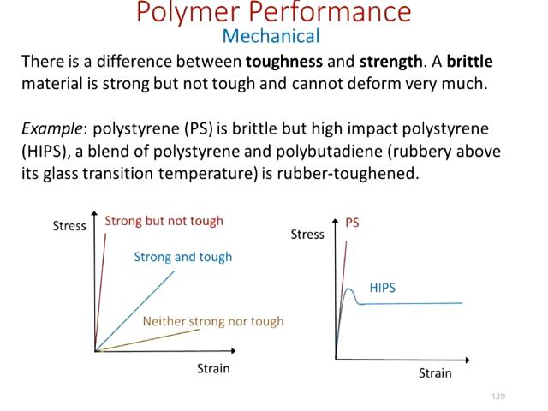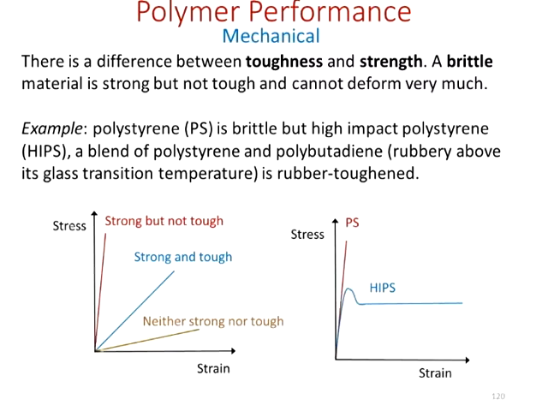You can have it, and it's brittle. Okay, it's brittle, and the brittle material is strong, but the brittle material cannot deform very easily. And I think you intuitively understand that. Okay, so you want to be aware that toughness and strength don't mean the same thing. All right. For example, polystyrene is brittle.